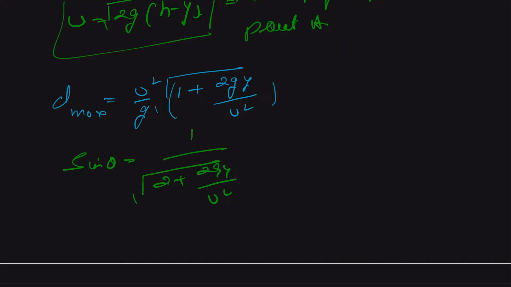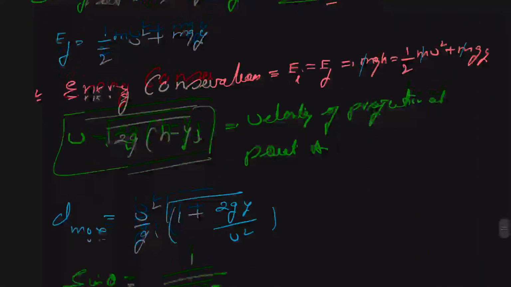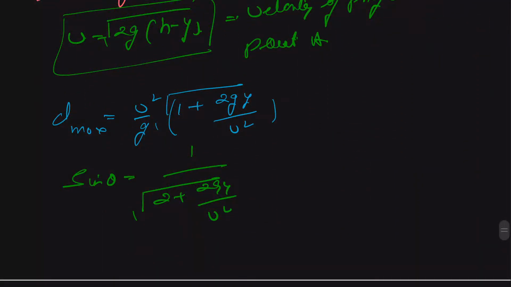Now in this case we have to remember that in this particular question we have to determine the maximization of the horizontal distance with respect to y as well as theta. And this d max in the first question we only solved with respect to theta. Okay, so we have to keep this in mind.